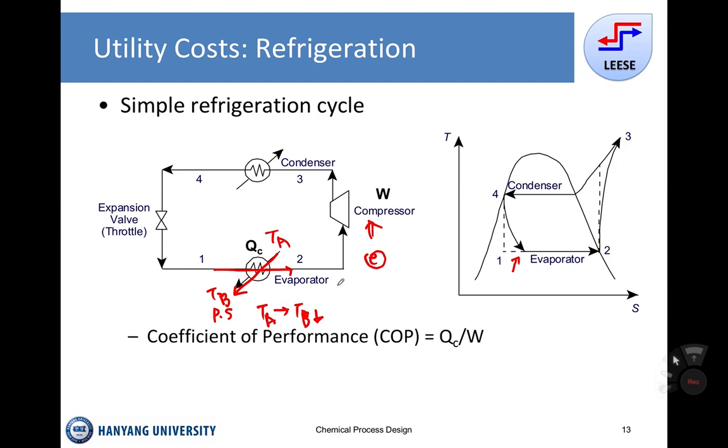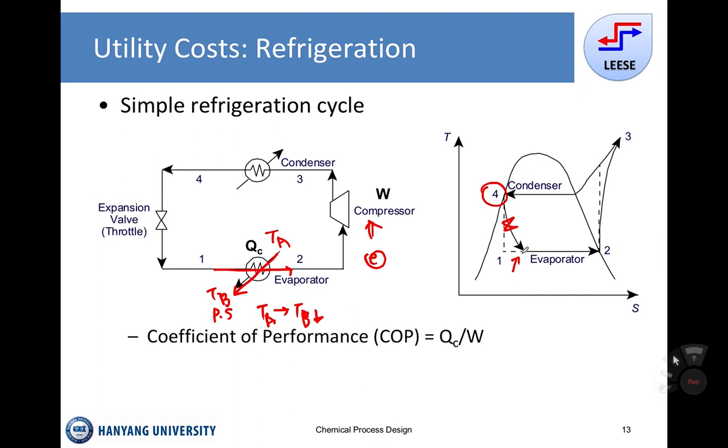So at condition 2, the vapor is compressed, turning to very high pressure vapor, then it is condensed. Then at condition 4, we have the saturated liquid. So through the valve, we have the low pressure fluid, that is a mixture of the liquid and the vapor.